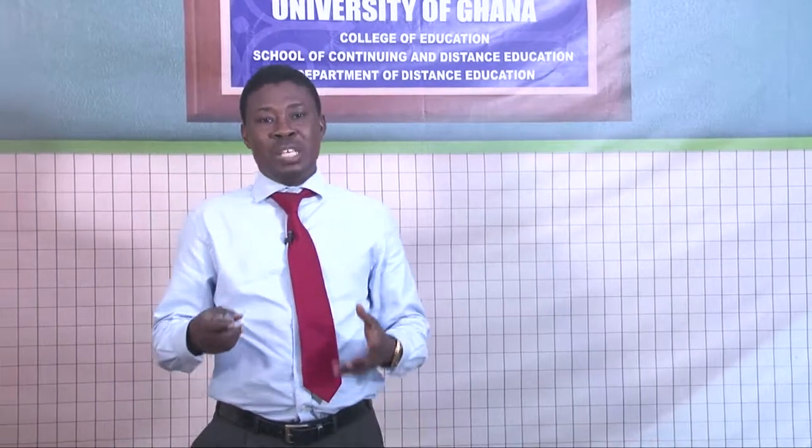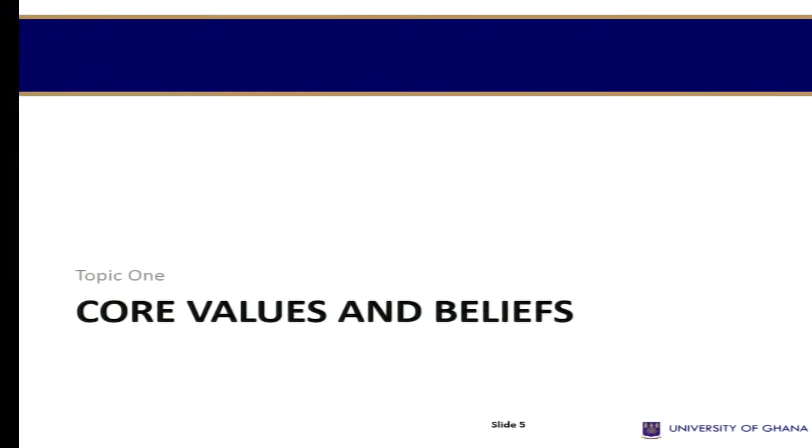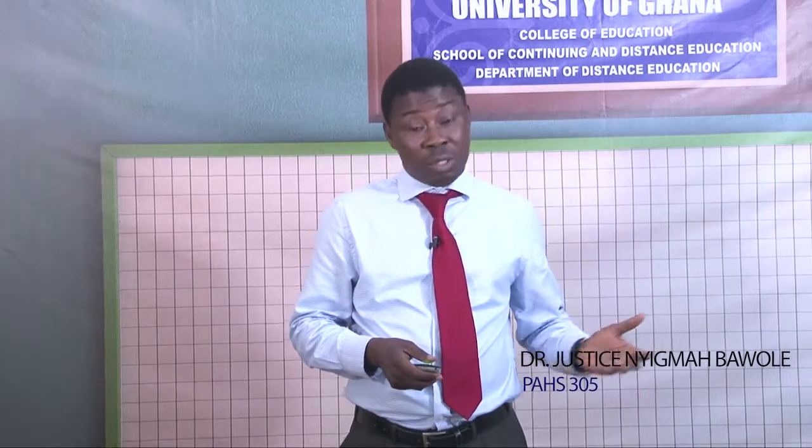So what are core values and beliefs? Again, pause and ask yourself, why would you do the things you do and not do the others you don't do? For example, why would you not cheat in exams when others will cheat in exams?